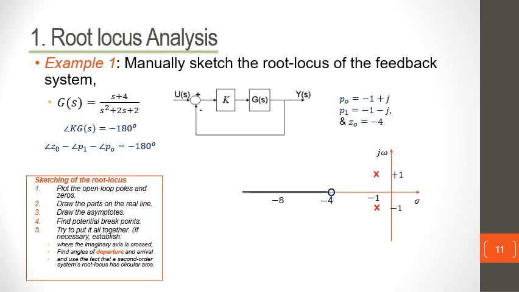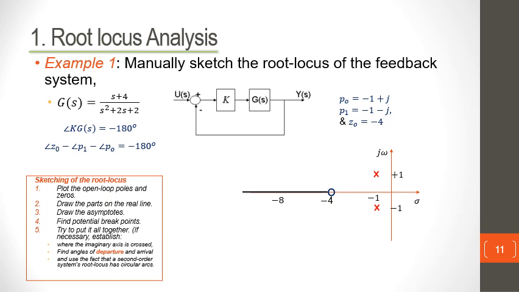For completeness, let's just calculate the angle of departures. So we know from our previous assessments of the root locus, the properties of the root locus is that the angle of the root locus is negative 180 degrees, or at least a multiple of negative 180 degrees.